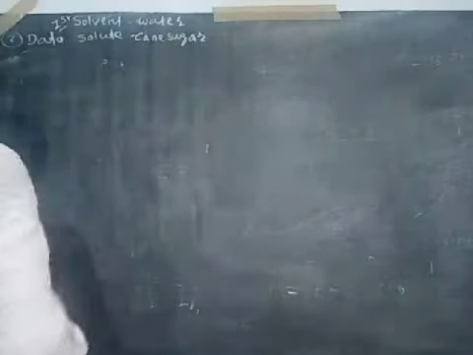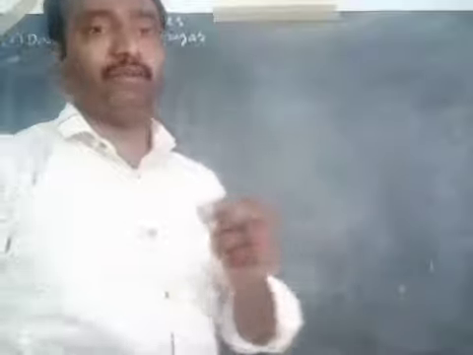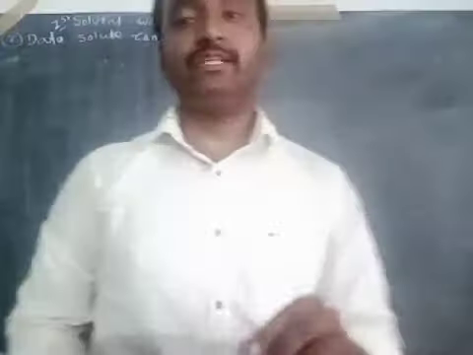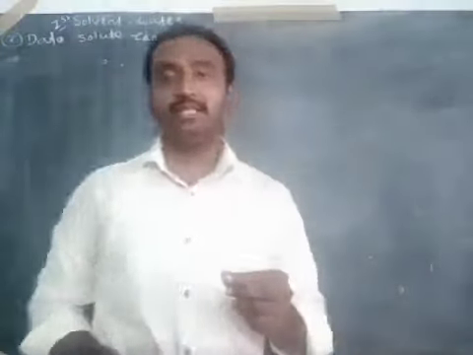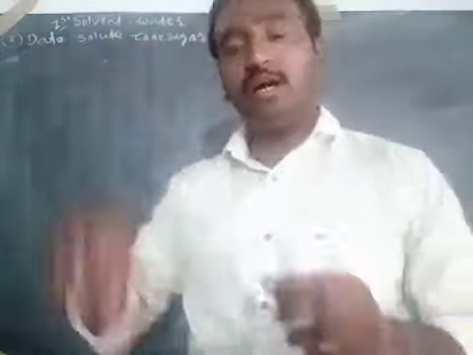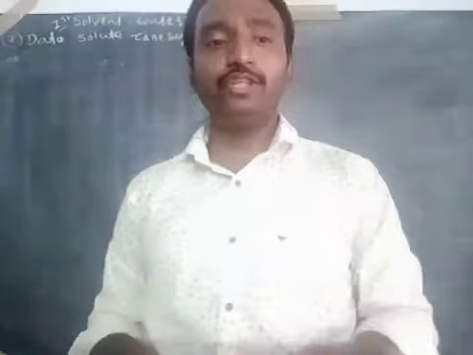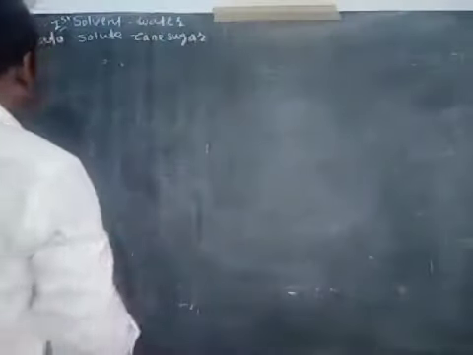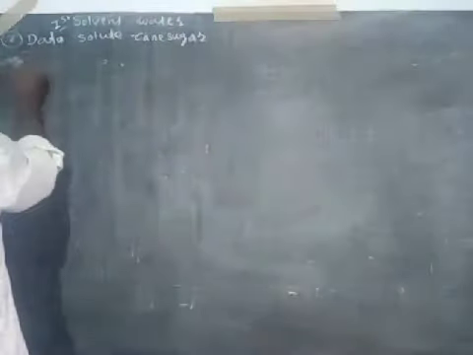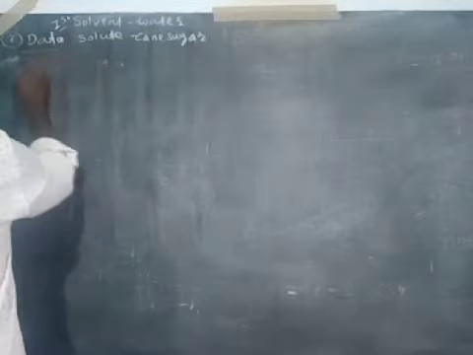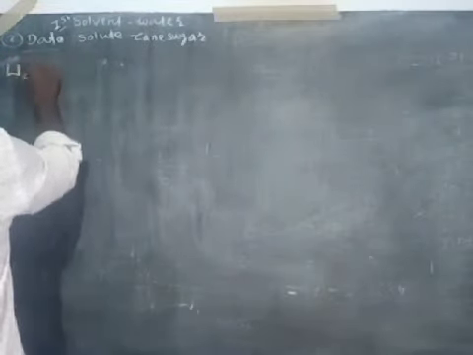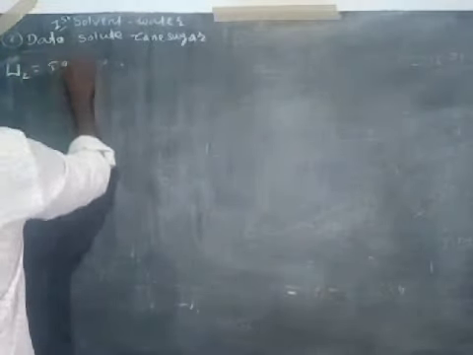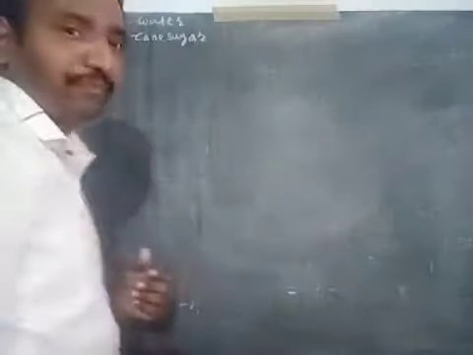For this solution certain values are given. 5% aqueous solution, 5% means out of the total amount of solution, 5 gram is the mass of the cane sugar, that is the solute, which is represented by W2, and that's why W2 is equal to 5 gram.